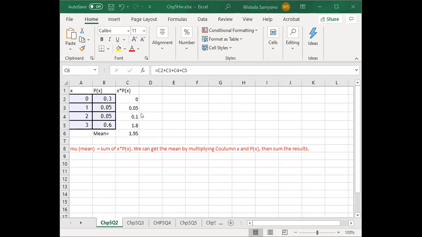You can see 0 times 0.3, you get 0. Then 1 times 0.05, you get this one. 2 times 0.05, you get 0.1. And then 3 times 0.6, you get 1.8. If you add all of these values together, you get this number.